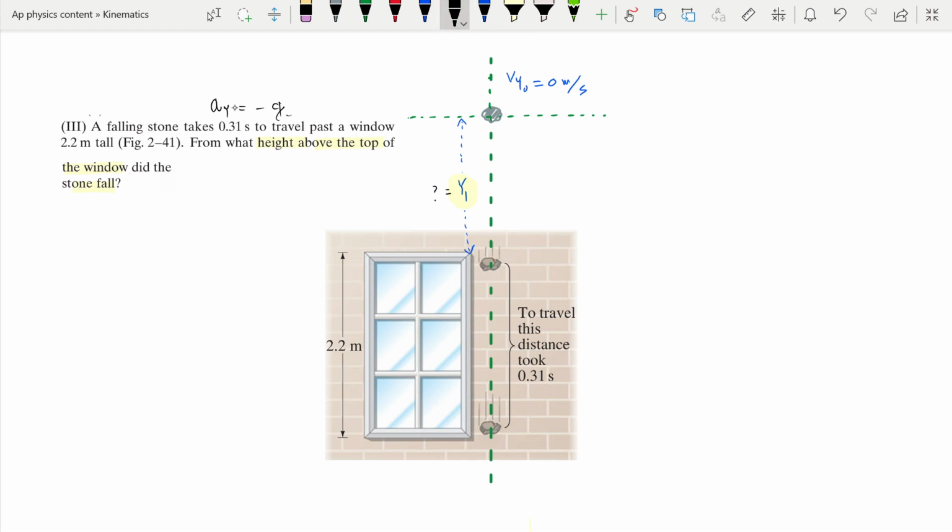Whereas this distance from the initial point to the final point, let's consider it y2. So if you want to find out the height above the top, we are given the acceleration and the initial velocity, but we do not know the velocity at this point.